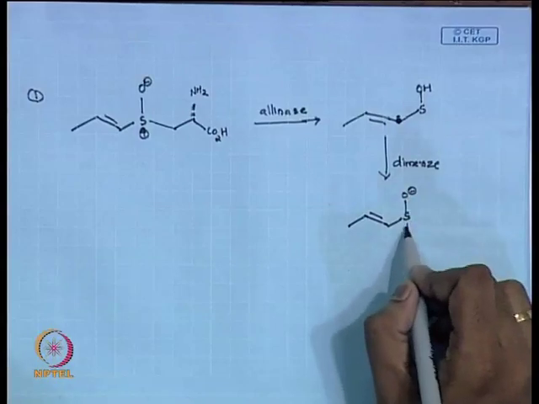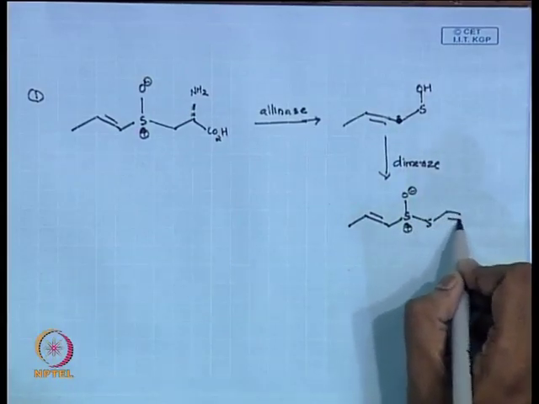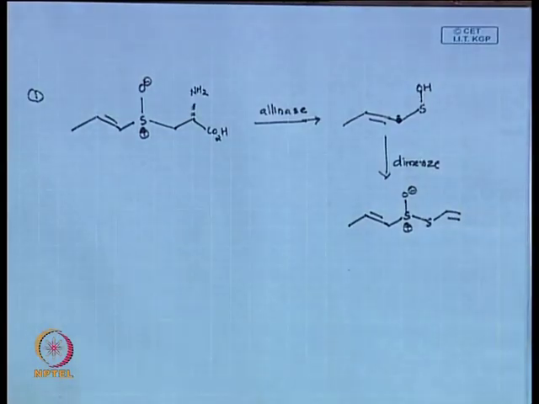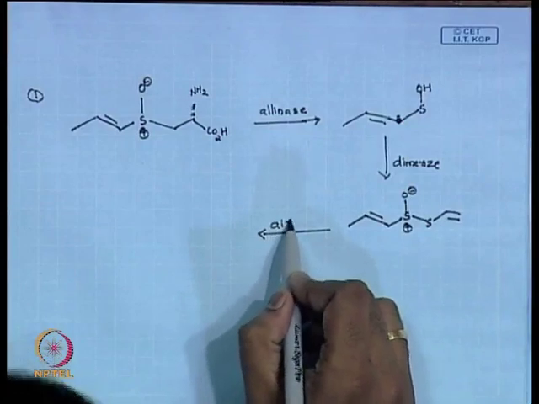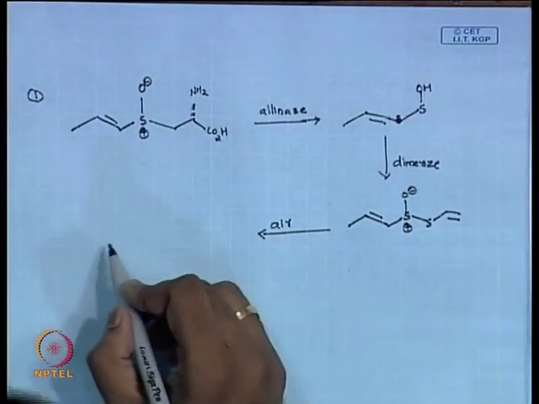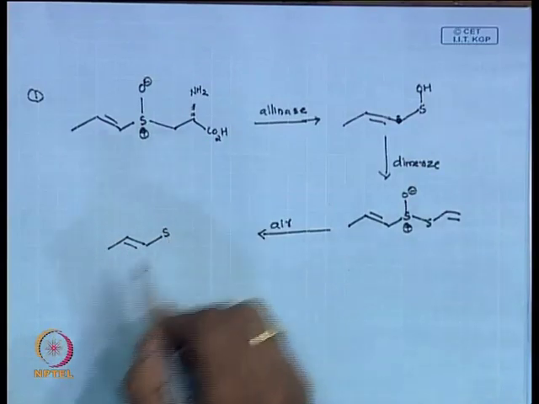O minus, you get S plus. Sort of dimerization happens because that is known in sulfur chemistry. Then in air, just in air, this guy becomes a sulfonate.